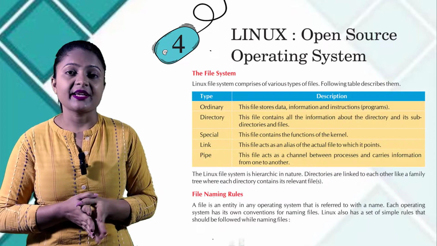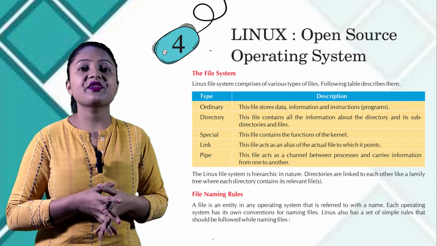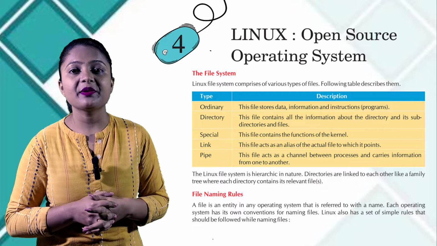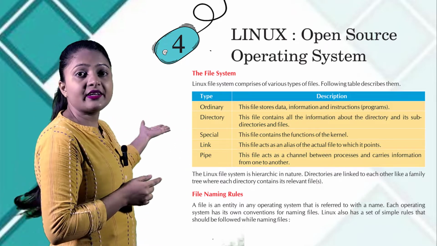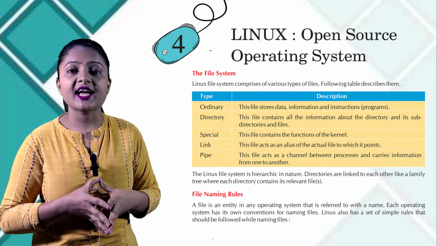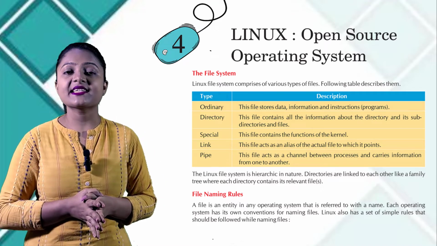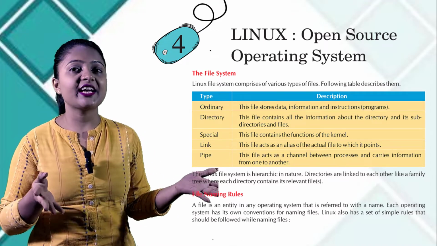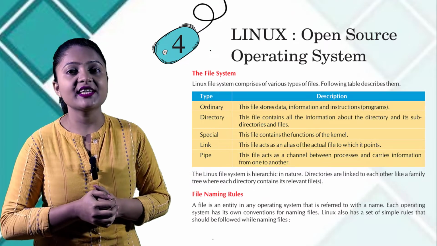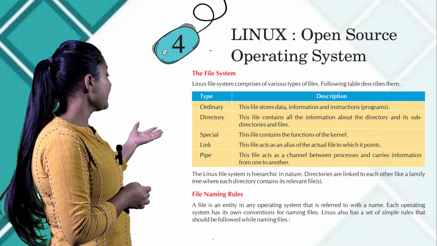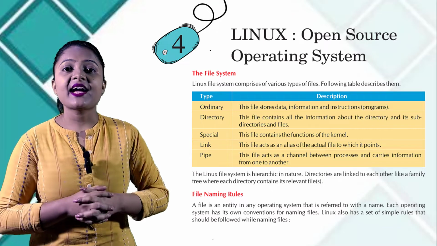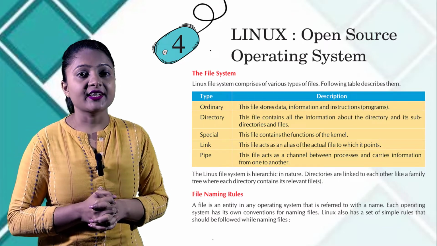The file system. Linux file system comprises various types of files. The following table describes them. Ordinary file. This file stores data, information and instructions. Programs. Directory. This file contains all the information about the directory and its subdirectories and files. Special. This file contains the function of the kernel.